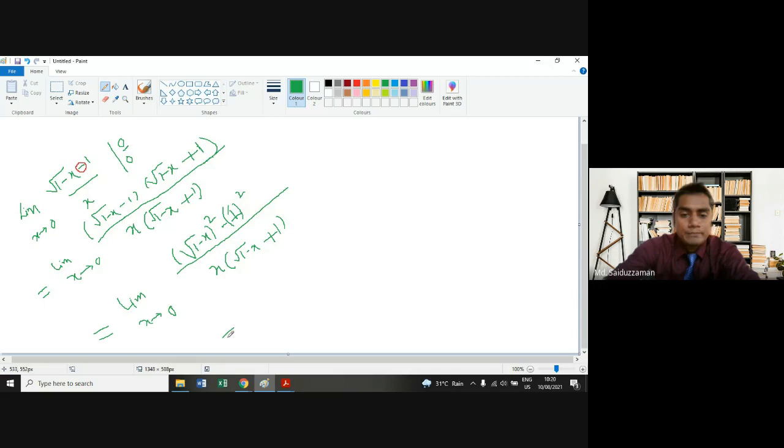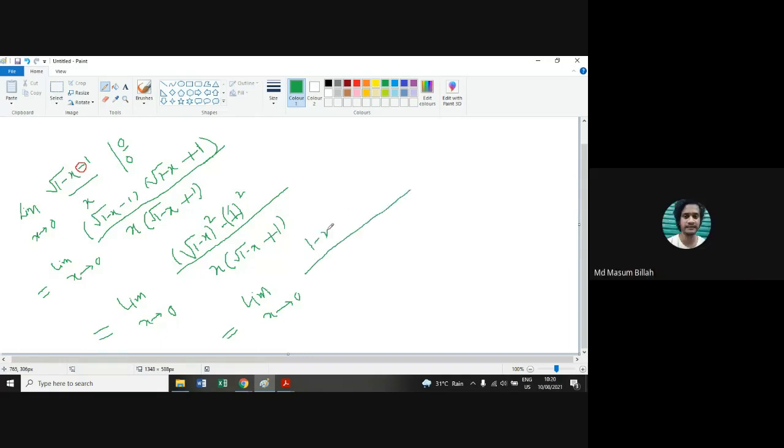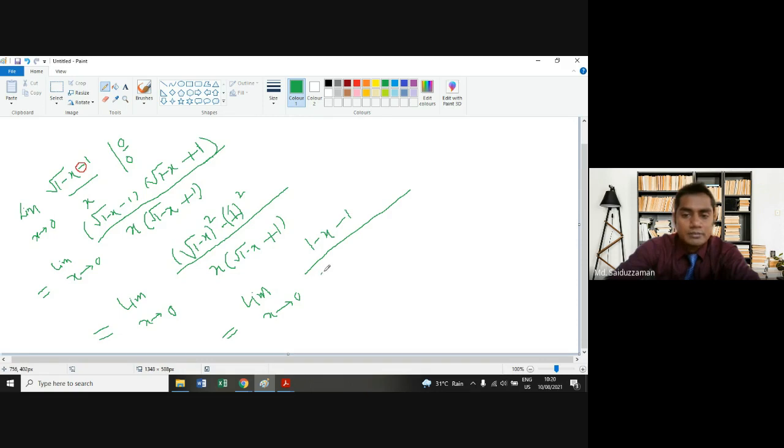Next line: limit x tends to 0, 1 minus x minus 1, divided by x into square root of 1 minus x plus 1. Then this 1 and this 1 cancel out.